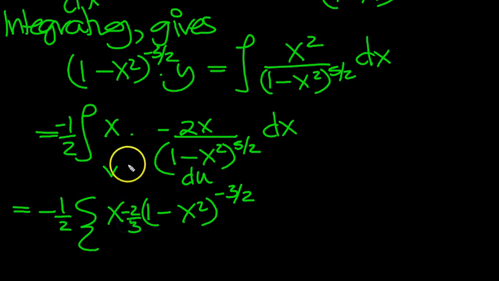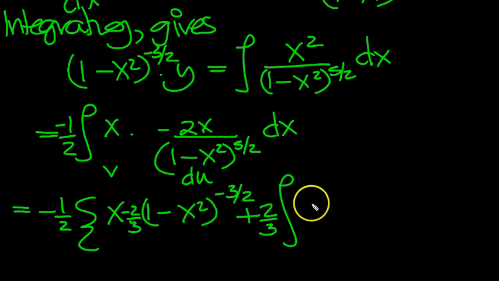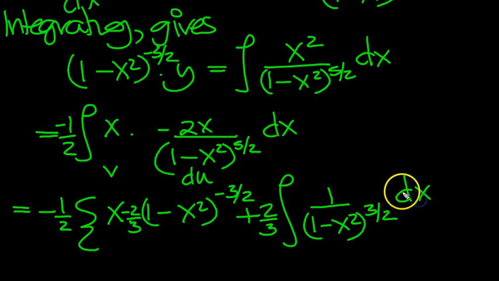There we are. That's the u times v minus the integral of u, which is going to be this thing here. So minus 2/3 will be 2/3 there. This will be 1 over (1 minus x squared) to the 3 over 2 dx times dv, u dv, which is 1, which doesn't change it.